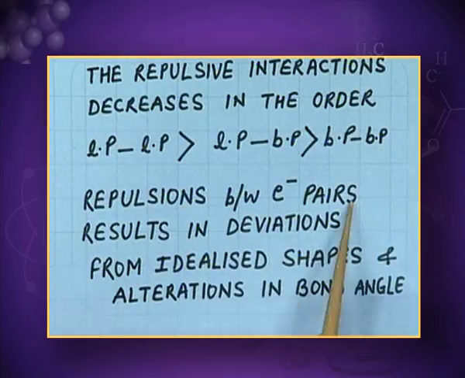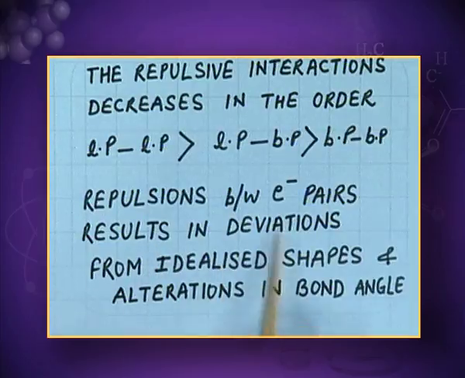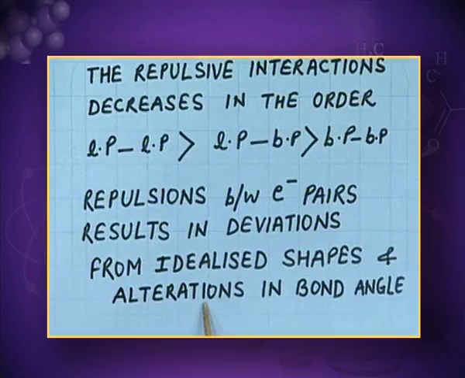Repulsions between the electron pairs result in deviations from the idealized shapes and alterations in the bond angles.